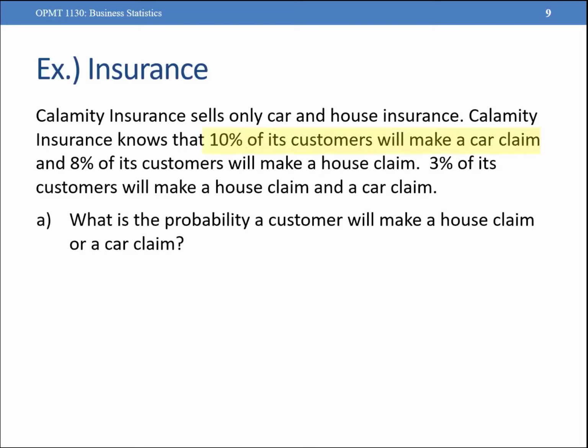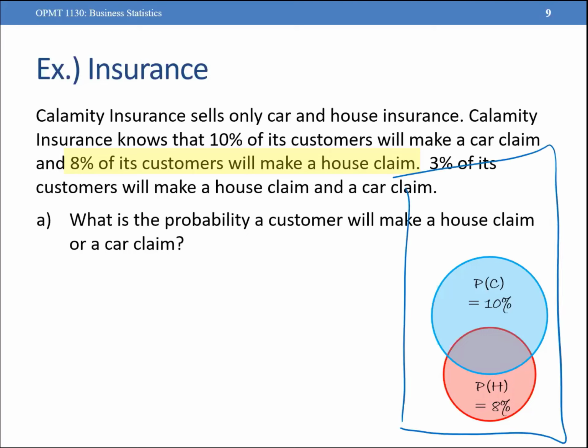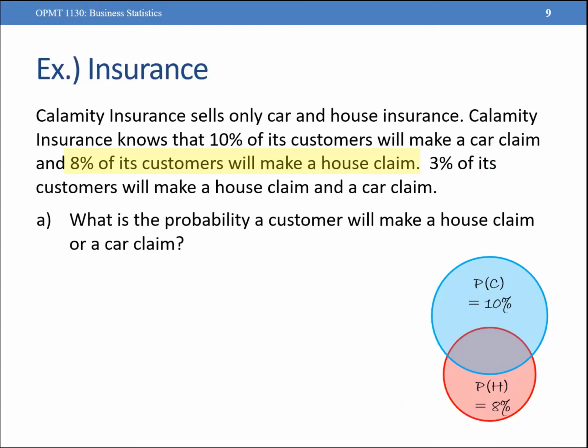So let's first take a look at 10% of its customers will make a car claim. So I'll start a Venn diagram and I'll have 10% making a car claim. Now 8% of its customers will make a house claim. So now house claims and car claims, are they mutually exclusive? No, you can make both a house claim and a car claim. So we're going to put in some overlap. And we have the house claim is 8%. Now this, of course, is out of 100% of all of their clients, but I'm not showing all of that 100%.